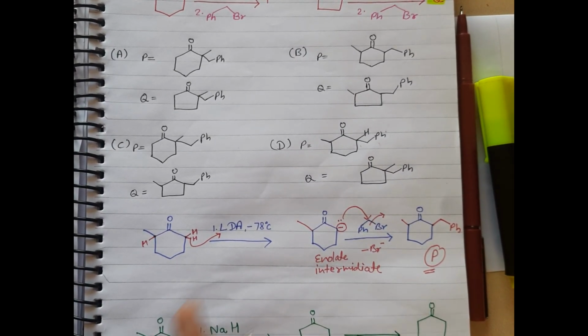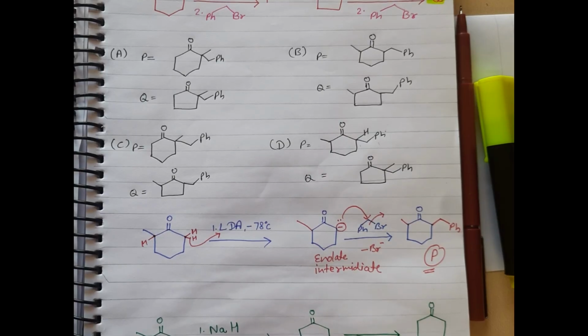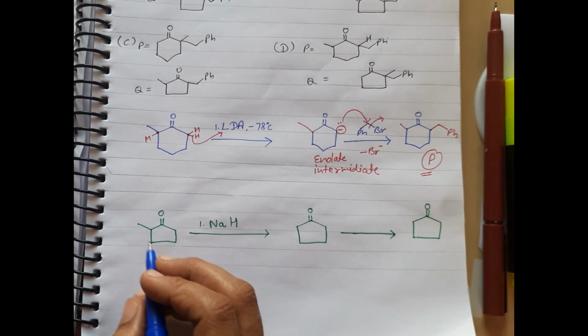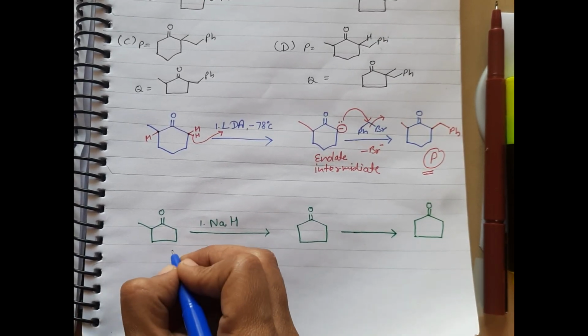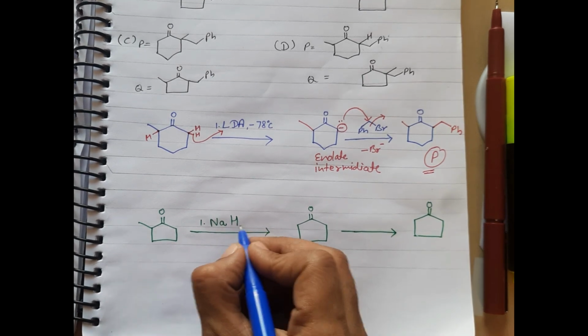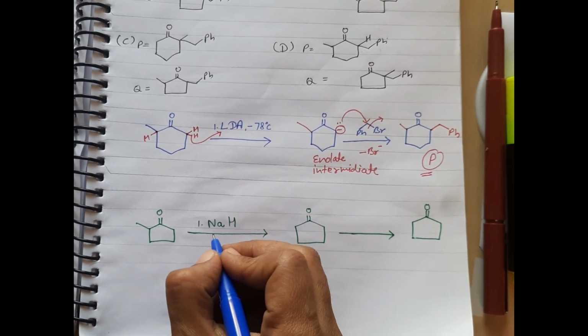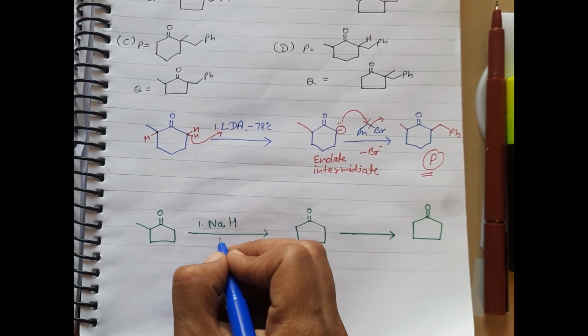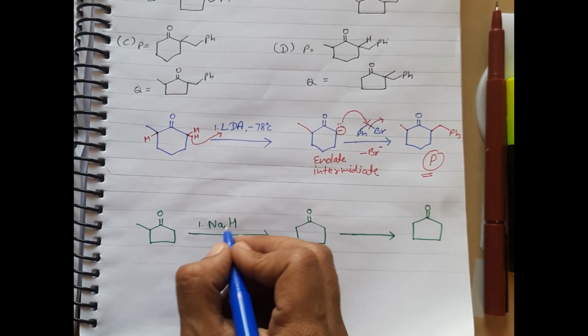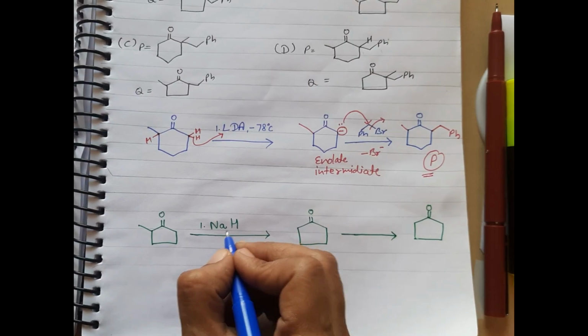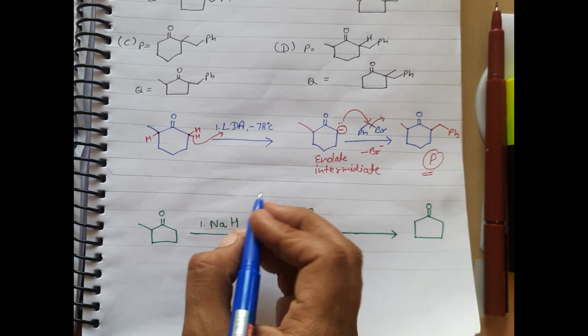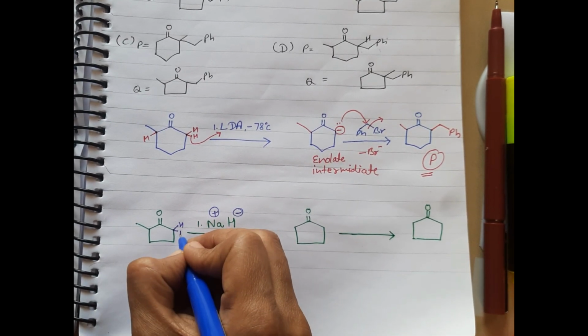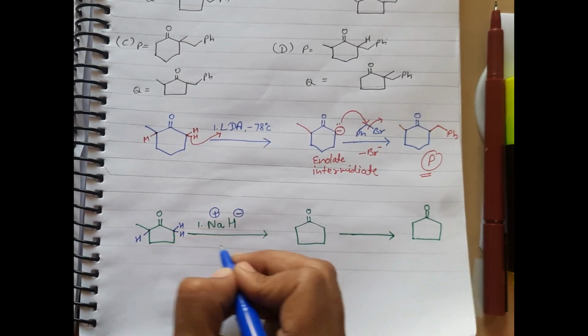Now next we move to the second reaction. In the second reaction they give a 5-membered cyclic ketone and first treat it with NaH. We all know NaH is sodium hydride, which is a poor nucleophile, but it is a strong base. In the first step of this reaction, an enolate intermediate also forms. Here two hydrogens are present and here one hydrogen is present.